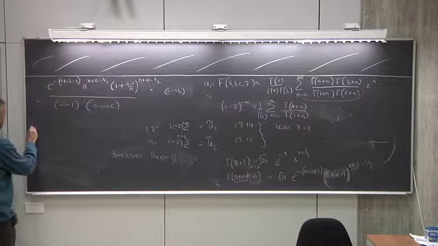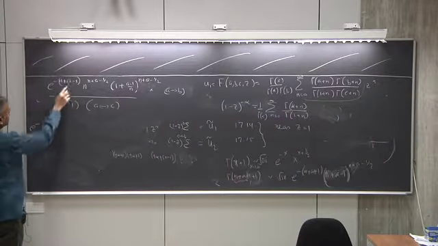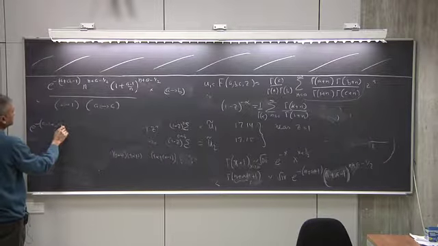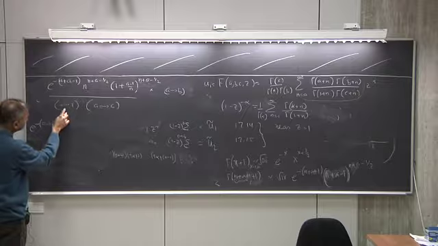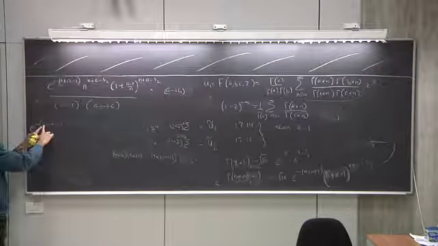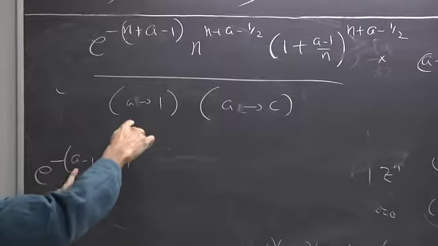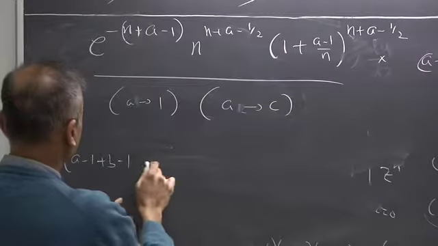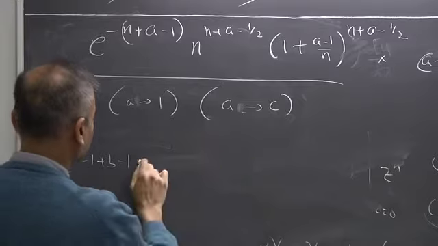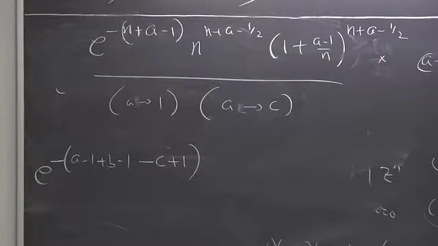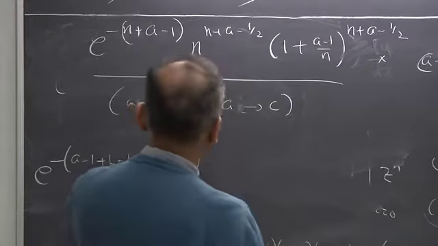So this exponential factor is simply e to the minus (a minus 1 plus b minus 1), and then minus, well, a minus 1, when a is equal to 1, this factor vanishes. And then you have a goes to c. But this is the denominator, so it will become minus c plus 1. And then you have n to the power of n.